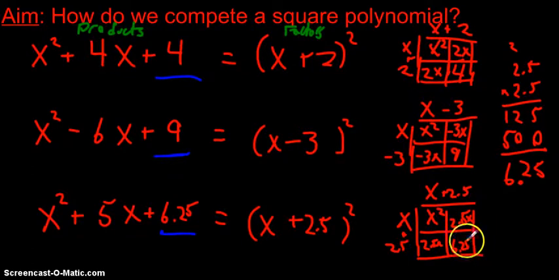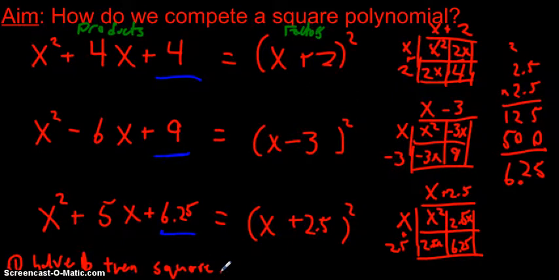Alright, so to complete the square, we first have b, not half b, have b, the center term of the 3 terms. So have b, then half it, then square, and that completes the square.